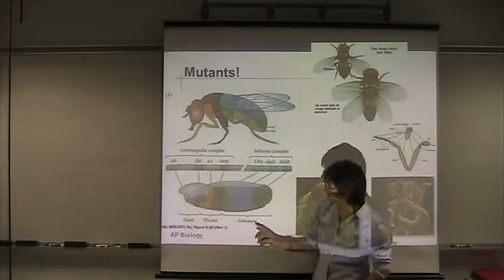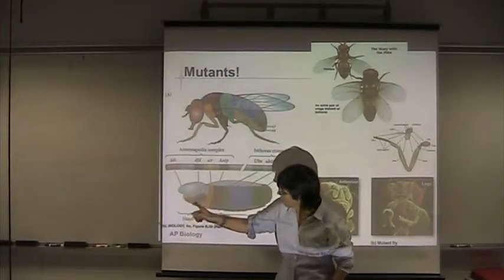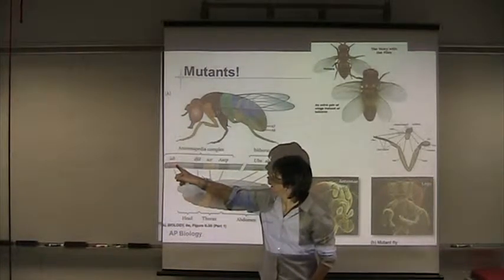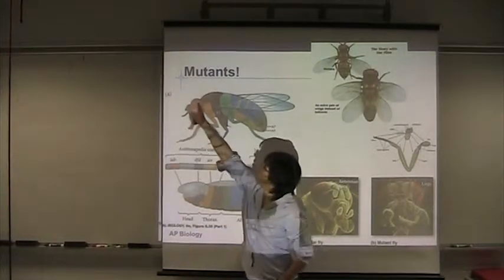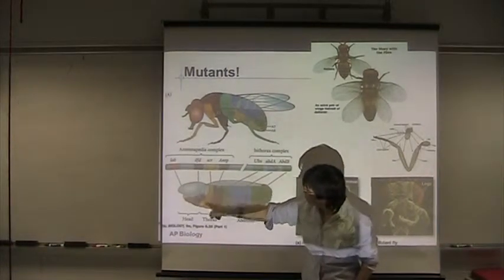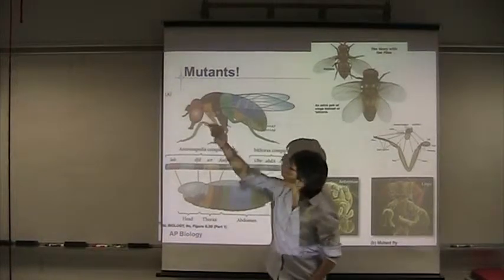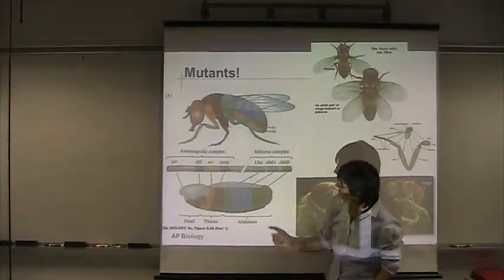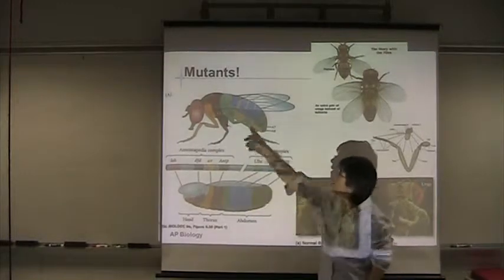It's fascinating. So for example, this section here in the larva that is coded in this region is going to give rise to all the head. Orange section here, the first part of the thorax, second part of the thorax, abdomen here.